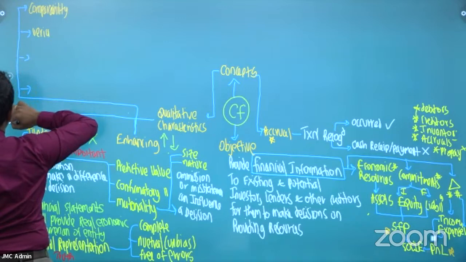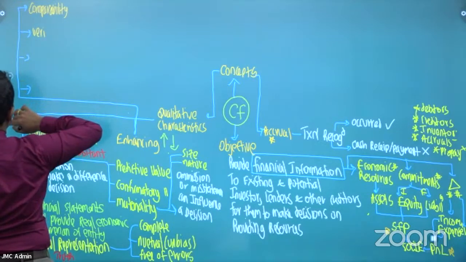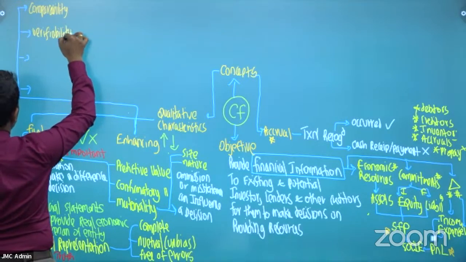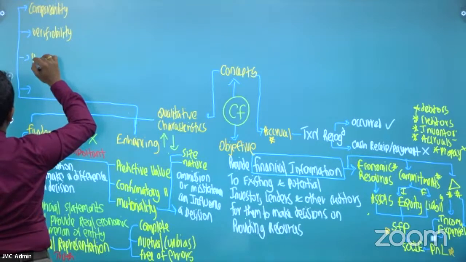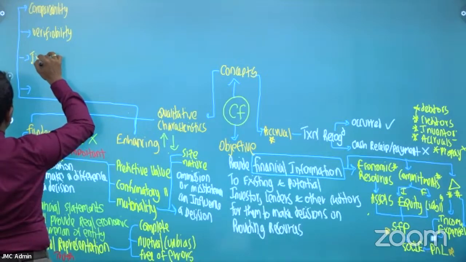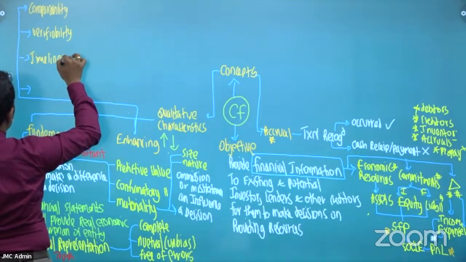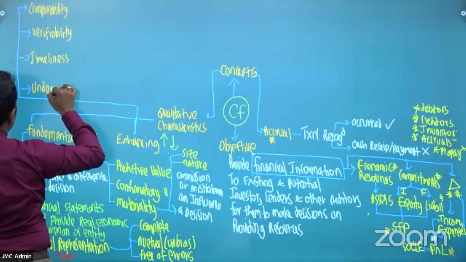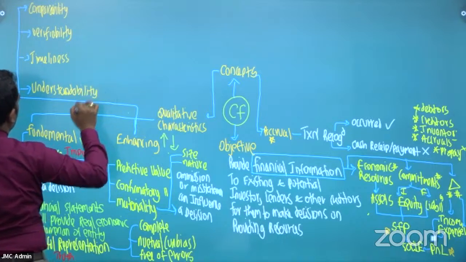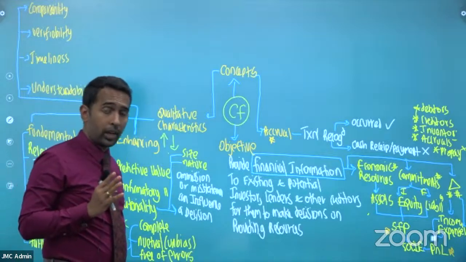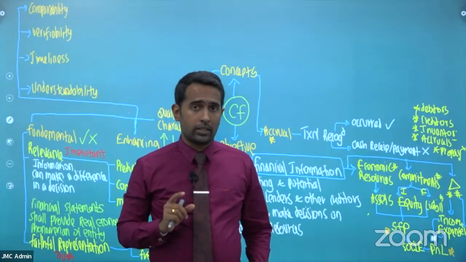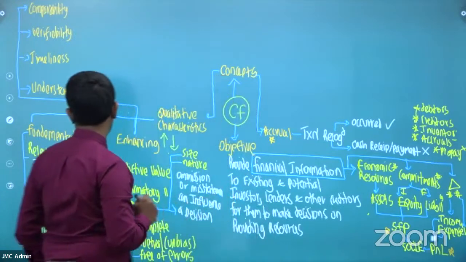Verifiability, timeliness, and understandability. Right? There are 4 enhancing qualitative characteristics: comparability, verifiability, timeliness, and understandability. Right? We'll take one by one.